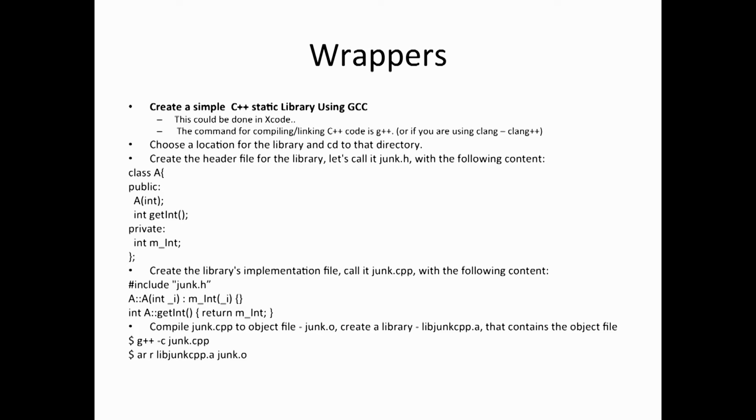In the two bottom lines, you'll see g++ -c junk.cpp and ar -r, and you create a junk.o. Everything's standard. This is what you do for C++, Clang, Fortran. In the case of Fortran, it'd be junk.f77 or junk.c or whatever. You've got your code, you compile it, and you create the library.